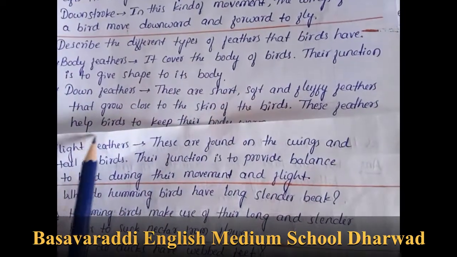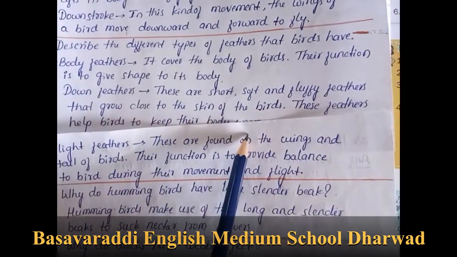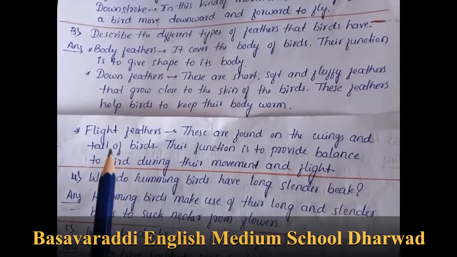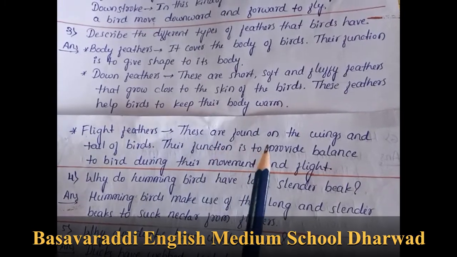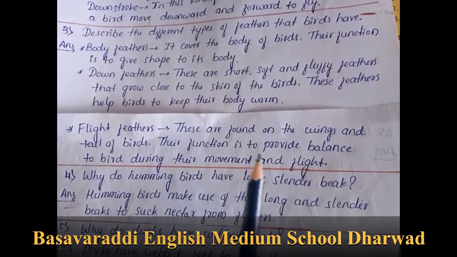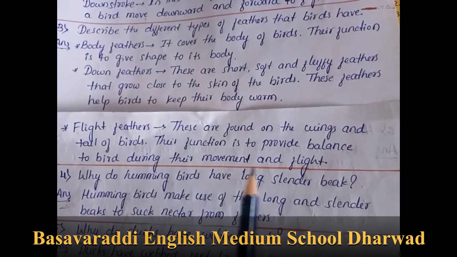These feathers help bird to keep their body warm. Flight feathers. These are found on the wings and tail of birds. Their function is to provide balance to bird during their movement and flight.